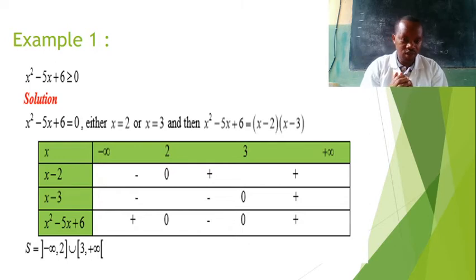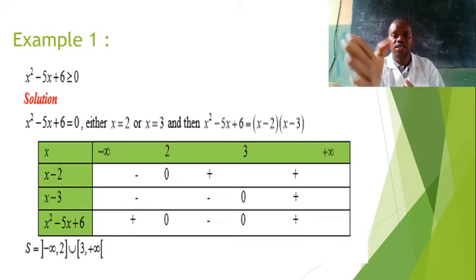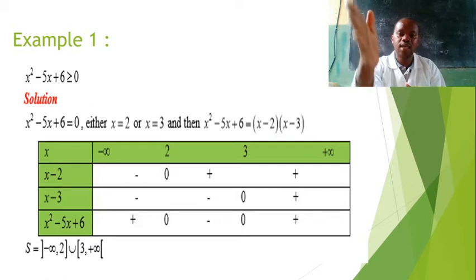If we choose 5, 5 minus 3 gives 2. If we choose 10, 10 minus 3 gives positive 7. You can understand that the answers we found are all positive. That is why in the interval from 3 up to positive infinity we will have positive.